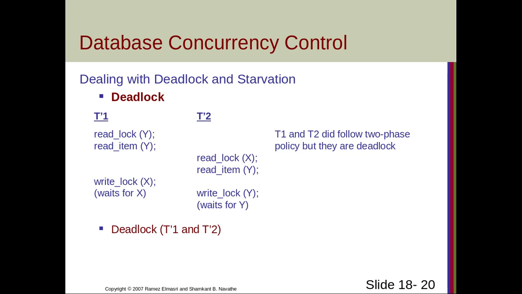Why? As Y is read locked by T1', it is not available for T2'. As X is read locked by T2', it is not available for T1'. So this is called deadlock. T1 and T2 follow the two-phase policy, but they are deadlocked.